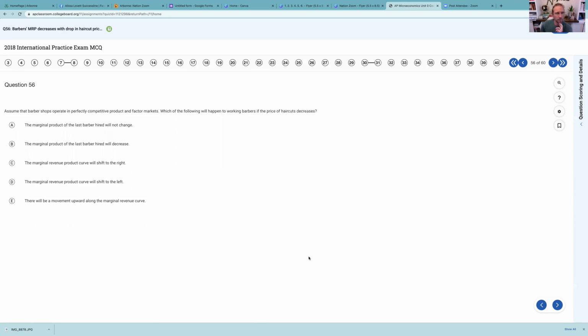I'll show you why here in a second. C says it's going to increase the marginal revenue product, meaning it's going to increase the additional revenue generated. That's not true, not if the price of haircuts goes down. D says marginal revenue product will shift to the left. That's going to be your answer because there's a decrease in the price of haircuts.